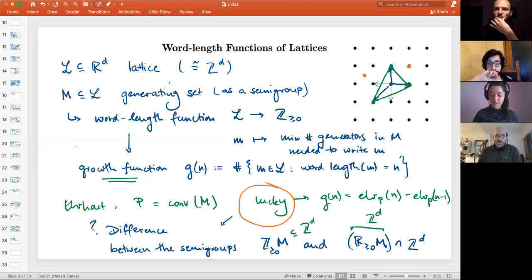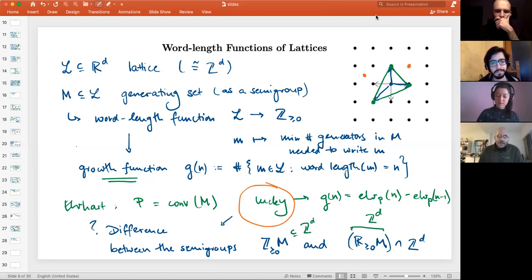This was one of my examples where I very briefly outlined one situation where you're interested in some sort of semigroup because it has some meaning, and this is what I want to pick up again.